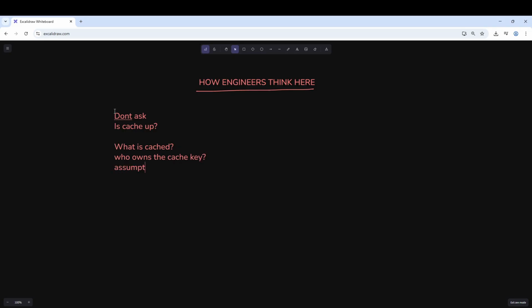What assumptions does this key encode? When should this data change? Who invalidates it and when? They think about data lifecycle, not performance.